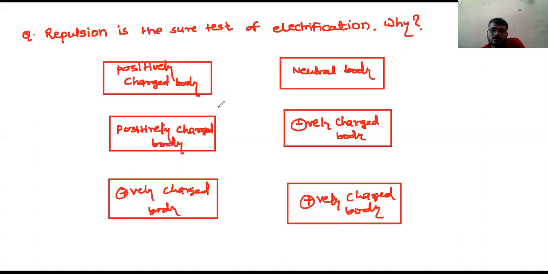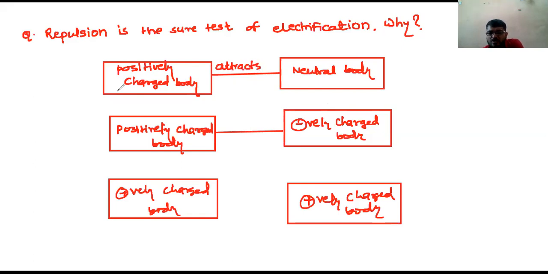Now, you can see here: positively charged body and neutral body, positively charged body and negatively charged body. Although it is a neutral body, still this attracts.